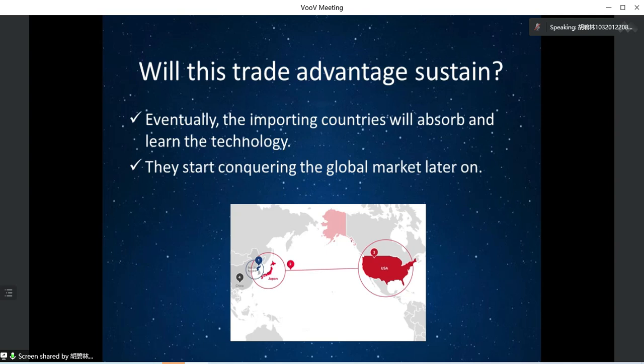So the question is, will this trade advantage last forever? Will it be sustained? Eventually, no. A lot of these advantages will not go on, because importing countries, especially developing countries, will absorb. After they have imported all those technologies, they will get to learn how to produce this kind of items and commodities in the end.